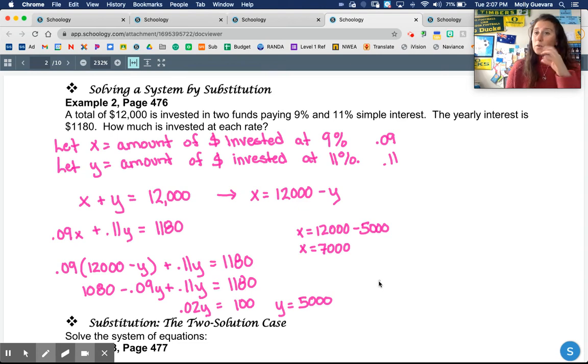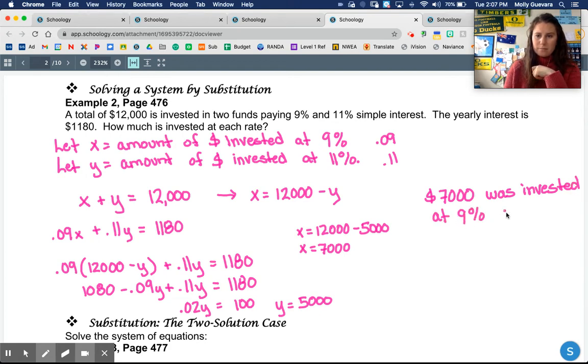Because this is a word problem, though, we need to actually explain what these values mean. So I can say something along the line of $7,000 was invested at 9%, and $5,000 was invested at 11%.